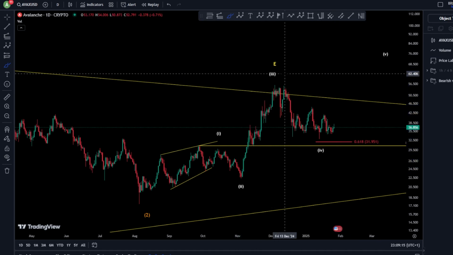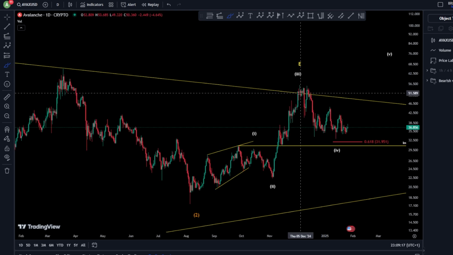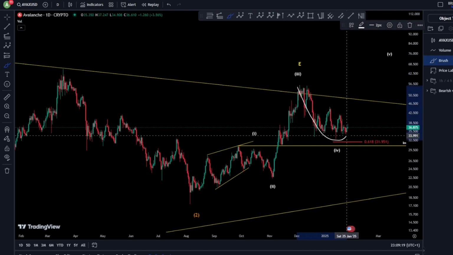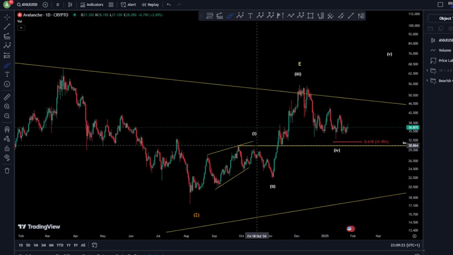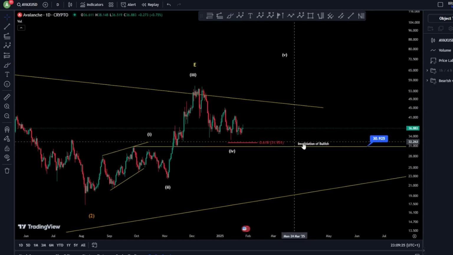In that scenario, I would stay in this bullish scenario as the higher possibility before invalidation of this bullish.